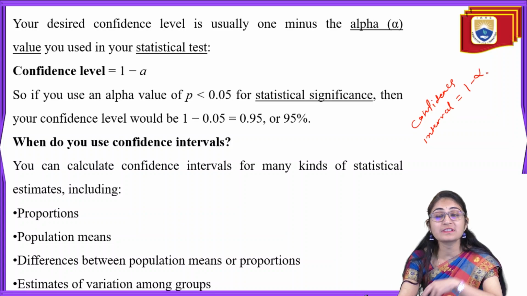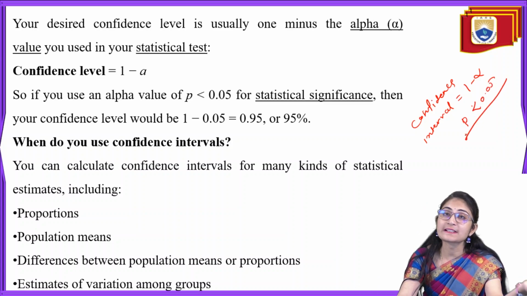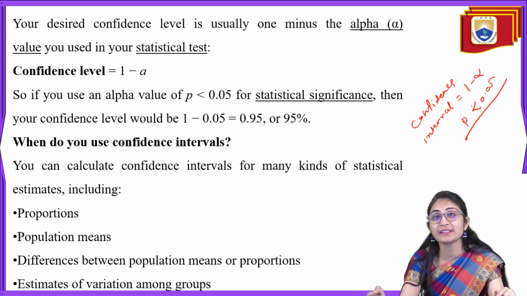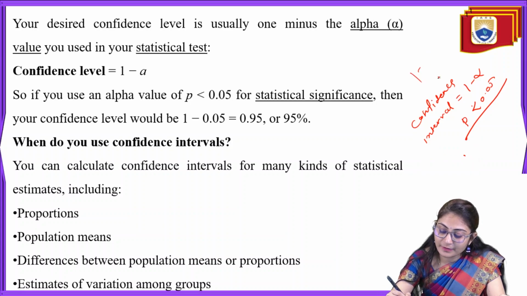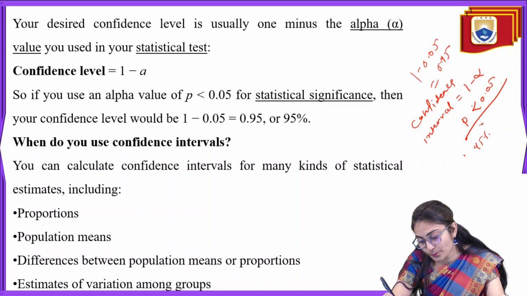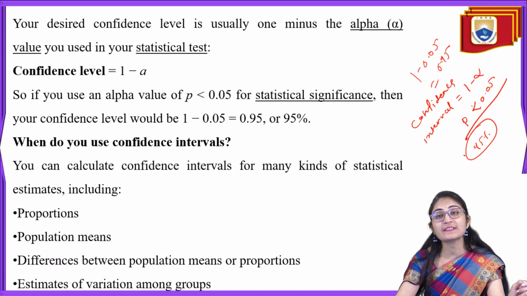So if you use an alpha value for p less than 0.05 for statistical significance, then your confidence level would be 1 minus 0.05, that is 0.95, or we can say the 95% confidence interval. So when do you use the confidence interval?